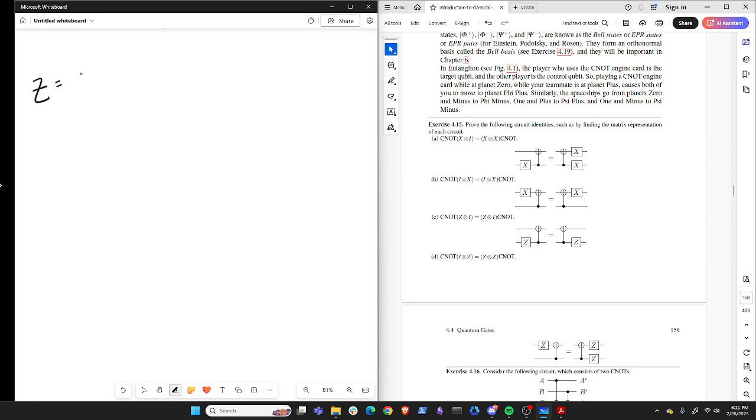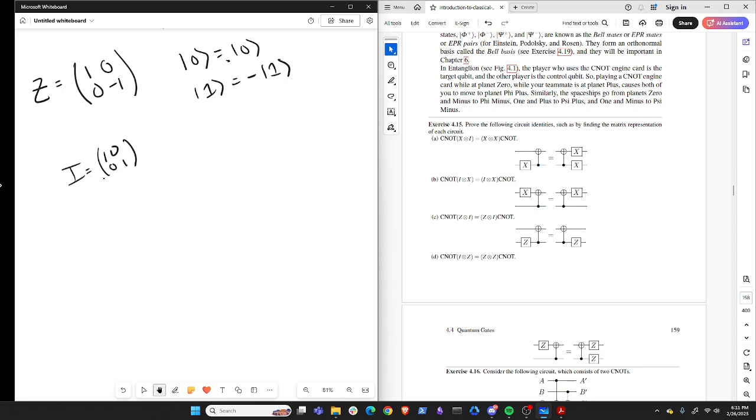Z gates have matrix form of 1, 0, 0, and -1. When applied to a state 0, they do nothing. They maintain the amplitude. When they're applied to state 1, they negate the amplitude for state 1. So a Z gate has that matrix form, and of course our identity is 1, 0, 0, 1.